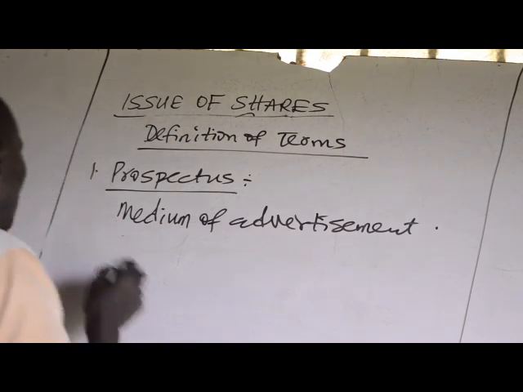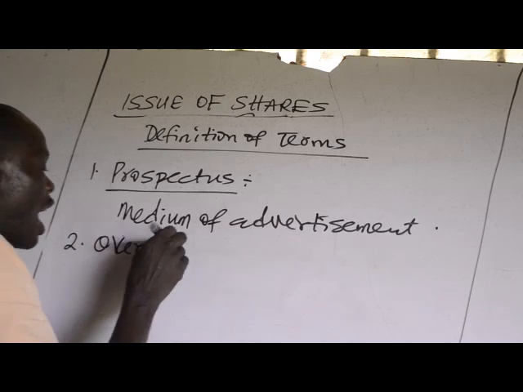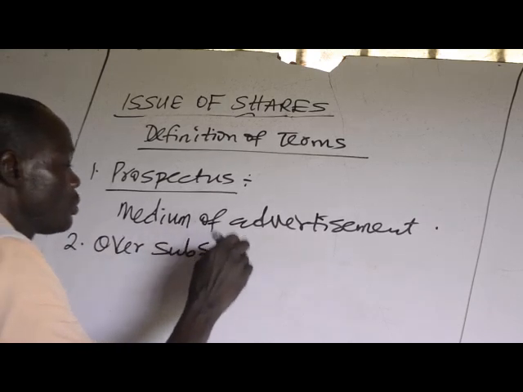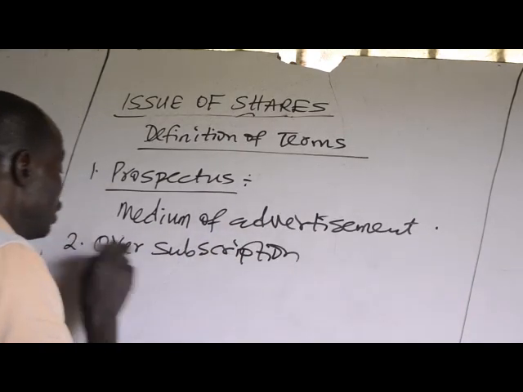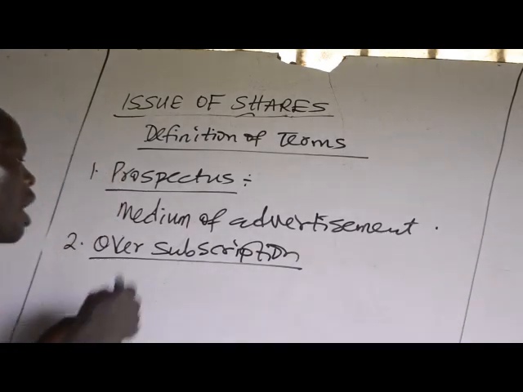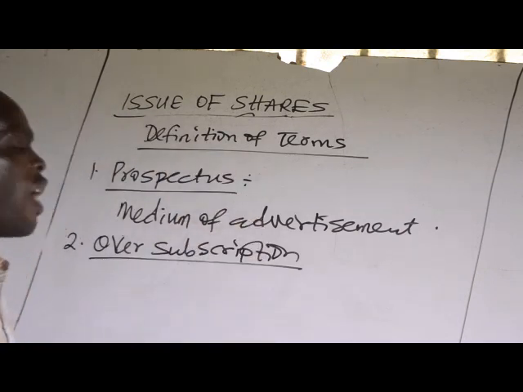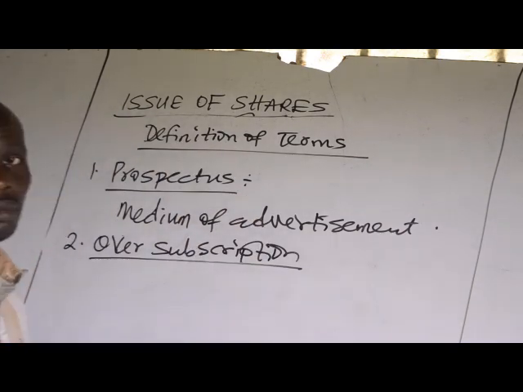Now, number two, oversubscription. This is when more shares are applied for than were offered for sale.